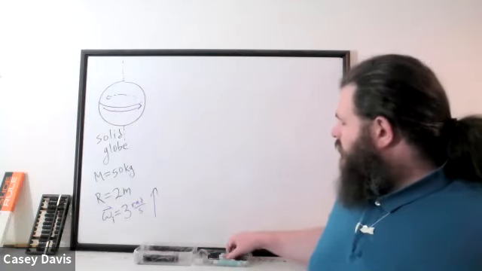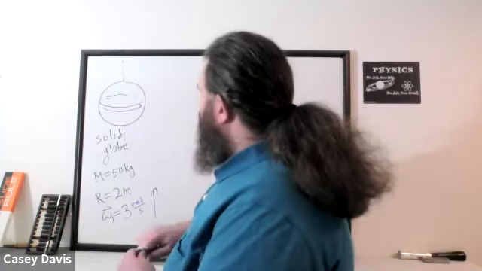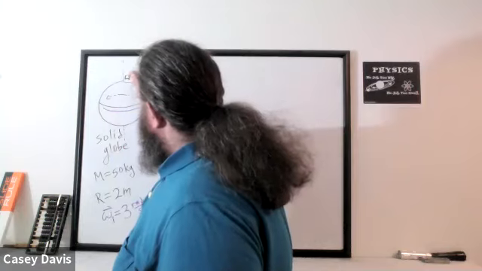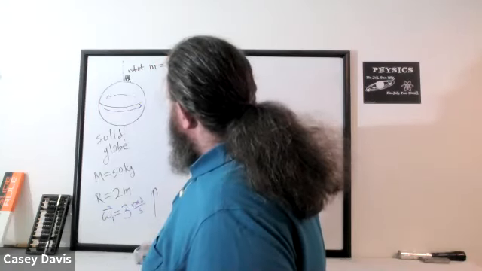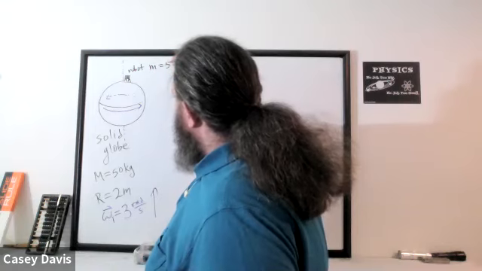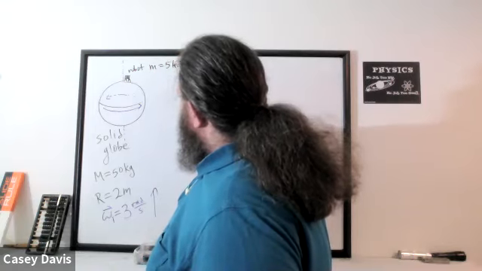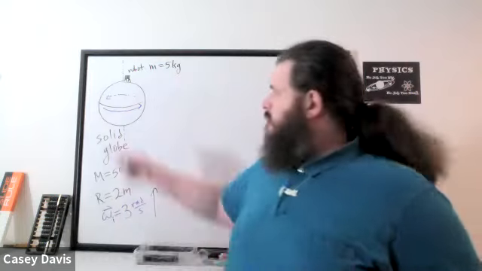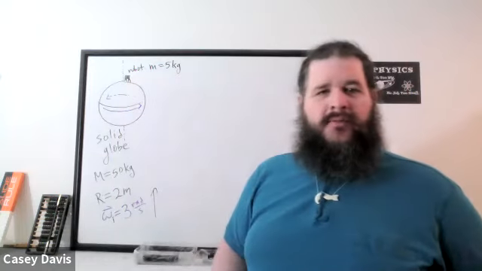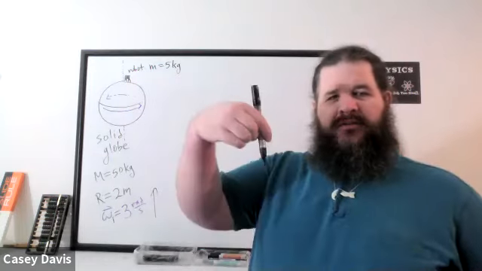And let's say we have a small robot on this, a robot whose mass is, let's say, 5 kilograms. So the robot is just at the north pole of the globe, so to speak, which means it's just spinning in place.